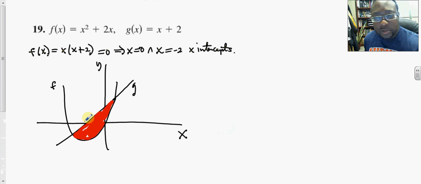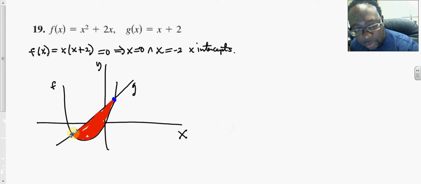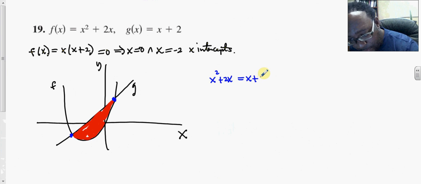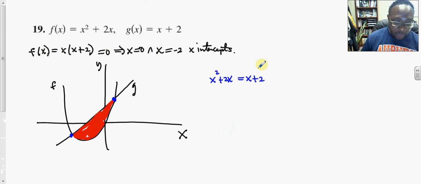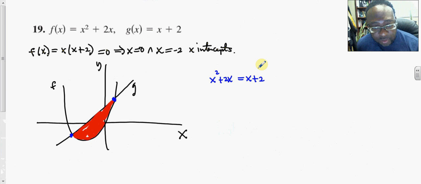Now I see 2 points of intersection. I see this point here and this point there. To calculate that, we set both of the functions equal. So we have x squared plus 2x is set equal to x plus 2. We are solving for the points of intersection, right?